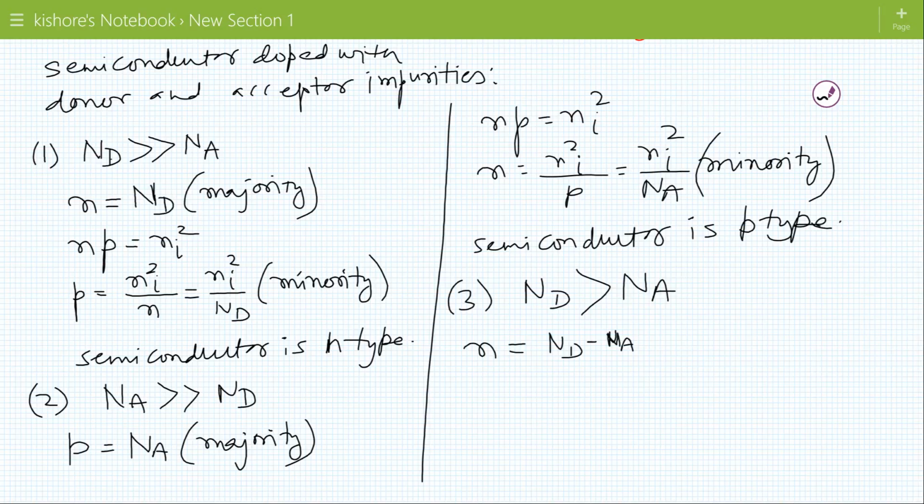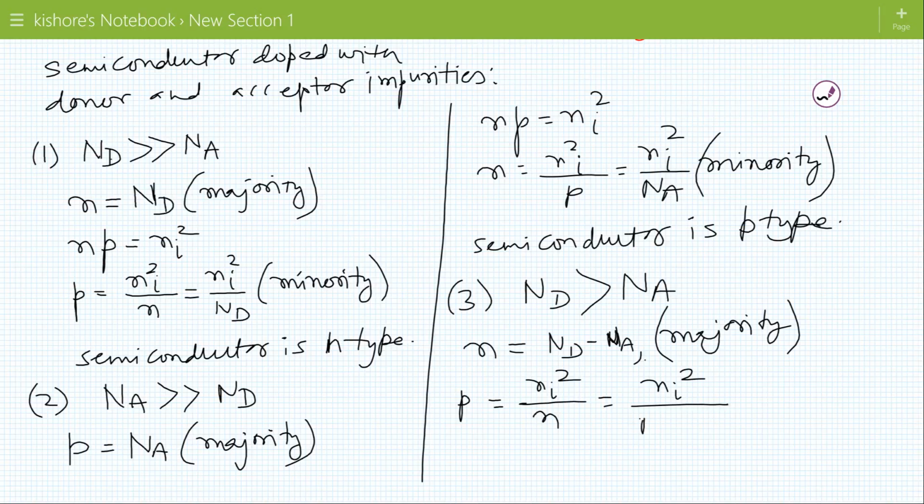Still, electrons are in majority. And the concentration of holes is ni square by n, so it is ni square by Nd minus Na. And holes are in minority. So this will be N type semiconductor.